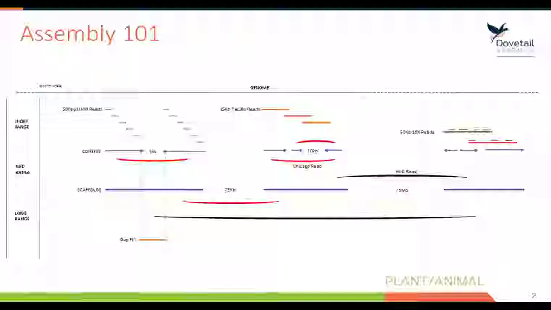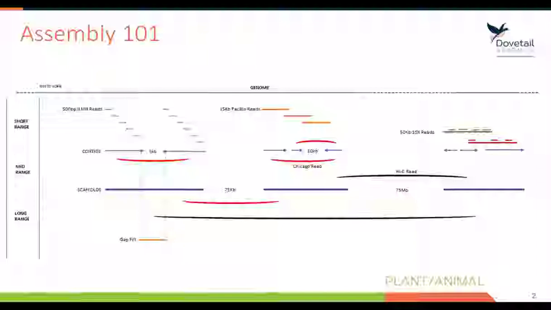And as you can see in my graphic here, we're starting to make joins between contigs that are quite distant from each other. So now we're starting to build scaffolds, which are shown in purple here, but we're still far from chromosome scale. So we need to employ a third technology to capture the long-range data, which in our case is called Dovetail Hi-C, and those reads are shown in black there.